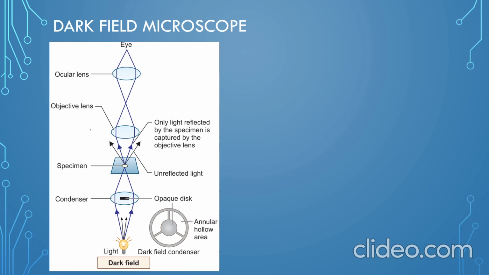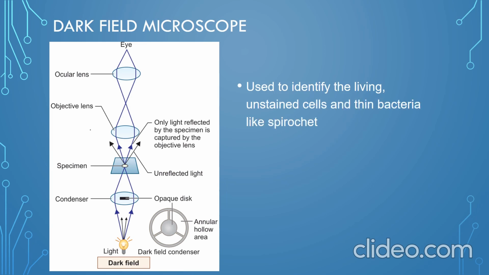In the condenser we have a central opaque area that blocks the light from entering the objective lens. The peripheral annular hollow area allows the light to pass through and focus on the specimen obliquely. The light reflected by the specimen enters the objective lens. Unreflected light does not enter the objective. So the specimen is bright and the background appears dark.